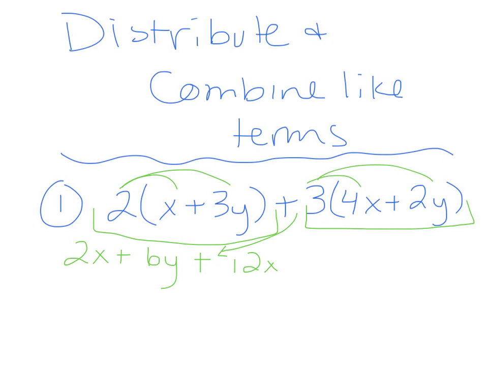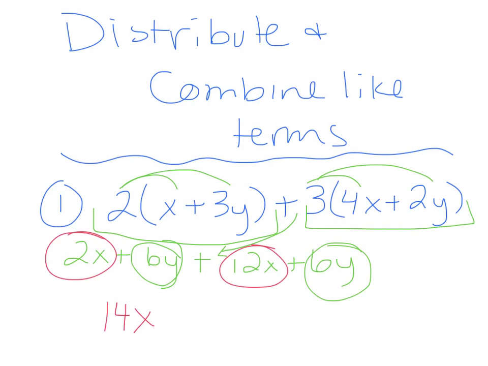And then 3 times 2y gives me 6y. And now I'm just going to combine my like terms. So 2x and 12x are my like terms. Okay, so that gives me 14x's. And then we also have 6y and 6y to give me 12y. So here would be my answer after distributing and combining like terms.